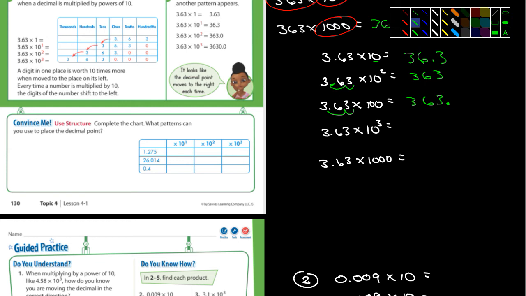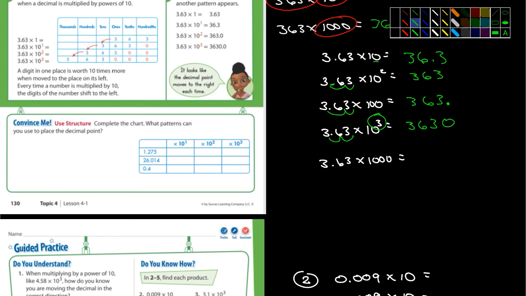Okay, 363 times 10 to the 3rd power. Now this one's kind of tricky. So look, we have 2 places to move it, but it's 10 to the 3rd. So it's going to be just like if it was a whole number. You know how you added zeros, how we were doing that 5 minutes ago? So I'm just going to write down 363, and I'm going to add a 0.